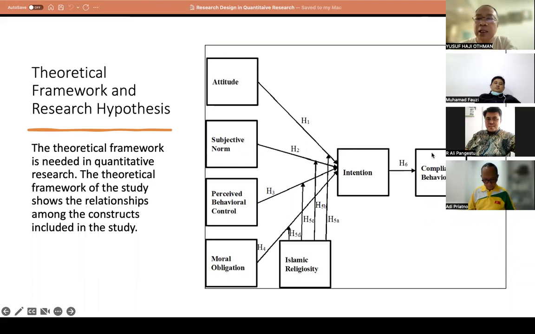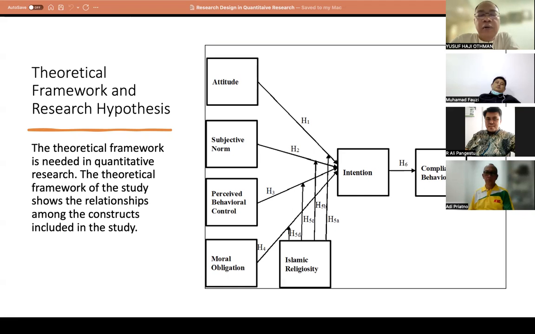In this case, the topic is compliance behavior. There are many studies that have been done on this topic, and different research constructs a different theoretical framework.